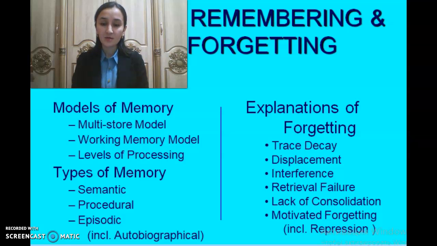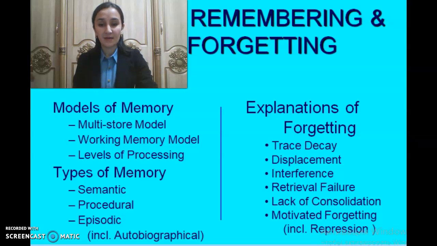As you see, here we have the plan, and on the next page we will continue with the full explanations, okay? But at first, let me introduce the statements. The models of memory are the multi-store model, the next stage is the working memory model, and then the levels of processing comes. What about the types?